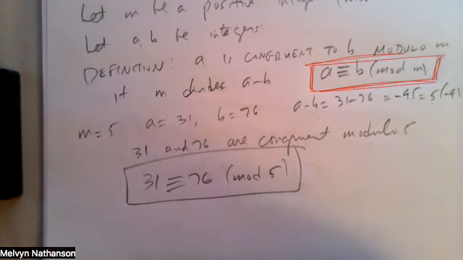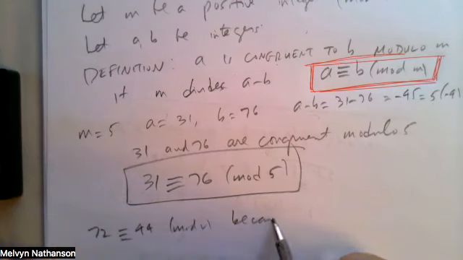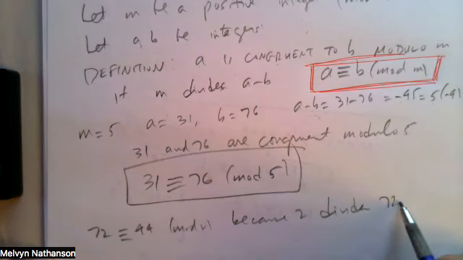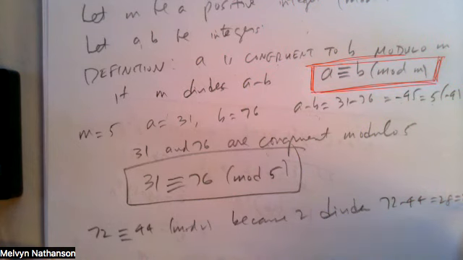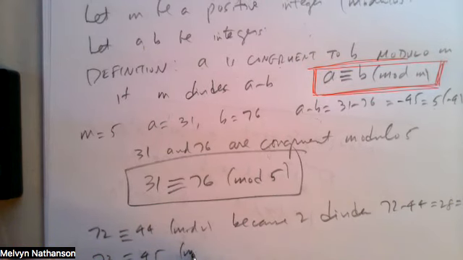Any two even numbers are congruent mod 2. So for example, 72 is congruent to 44 mod 2 because 2 divides 72 minus 44, which is 28. 28 is 2 times 14. 73 is congruent to 45 mod 2.